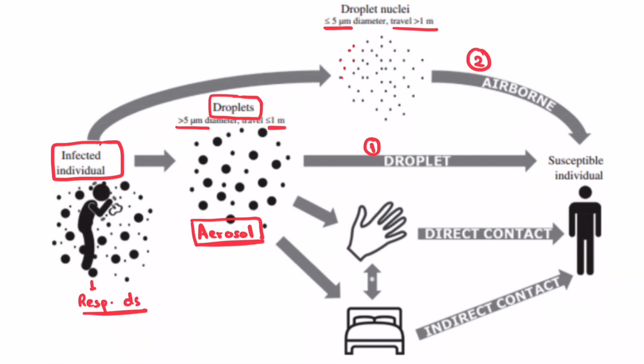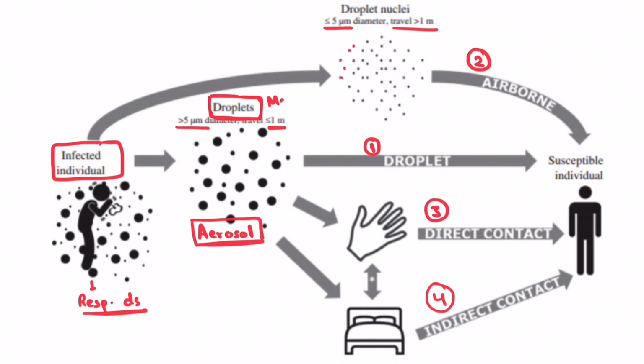Now another type of transmission is direct contact, as another person comes into contact with the COVID positive patient. Another mode of transmission is indirect contact. So these are the 4 modes of transmission. Mainly they can infect another person with droplet infection.